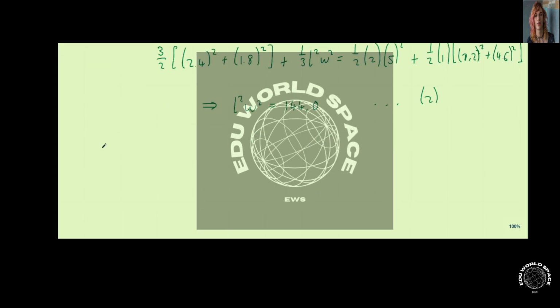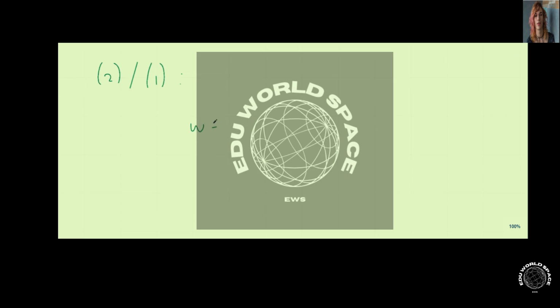If we take equation 2 and divide it by equation 1, we get omega is equal to 144 over 7.2, which gives omega equal to 20 radians per second. And that is our answer for part C.